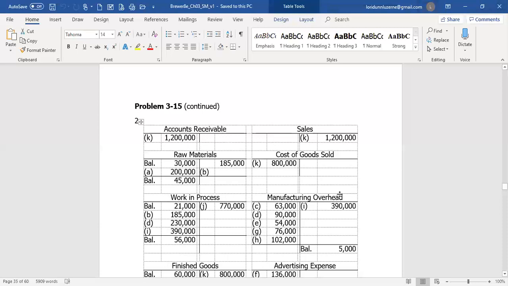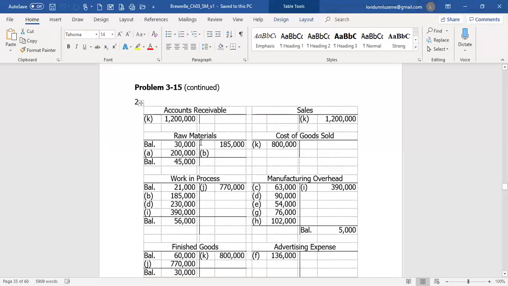Journal entry B, that B should be up here. I'm going to put it up there. Okay. Debit work in process. Here's where we transferred $185,000 out of the supply raw materials inventory and put it into production to make the heavy equipment.